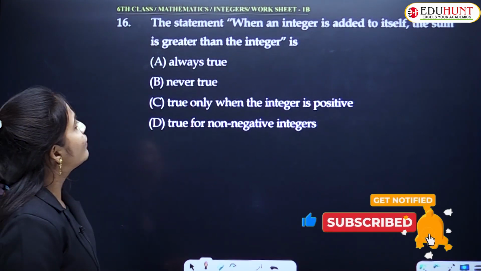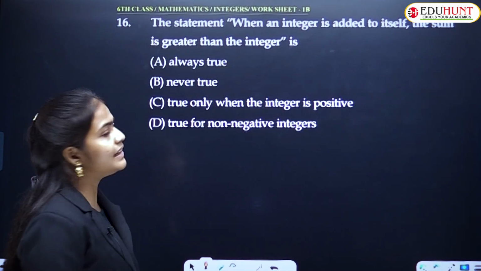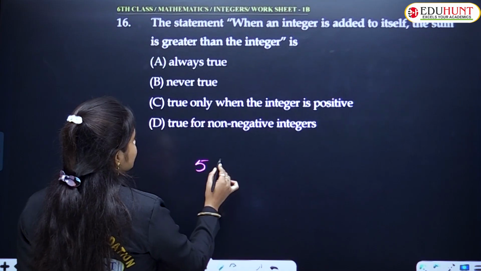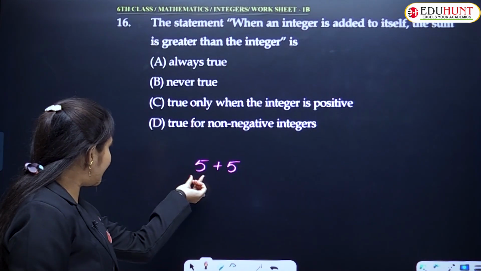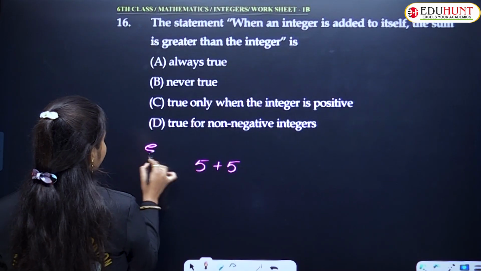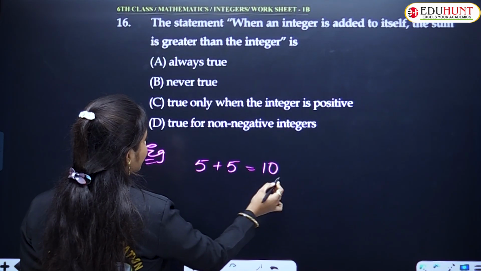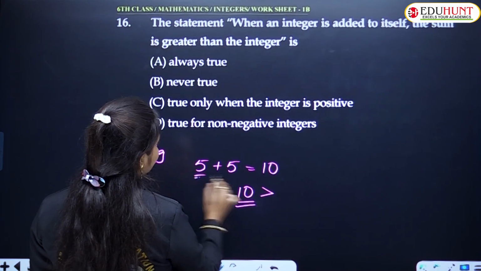The statement: when an integer is added to itself, the sum is greater than the integer. Yes or no? When an integer is added to itself, you will get a resultant. Then the sum is greater than the integer.